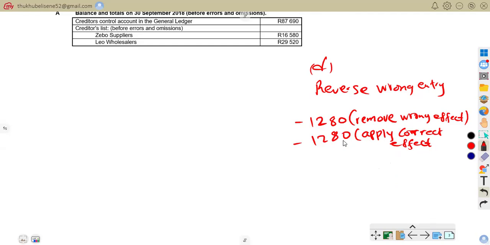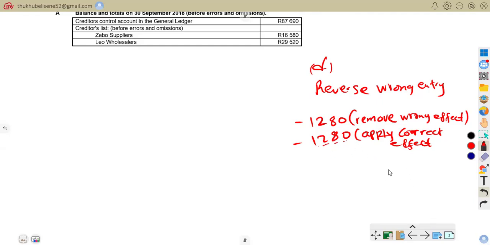So the reason why here we are applying the correct effect but still saying minus is because this 1,280 is going to reduce the amount owed by our business.